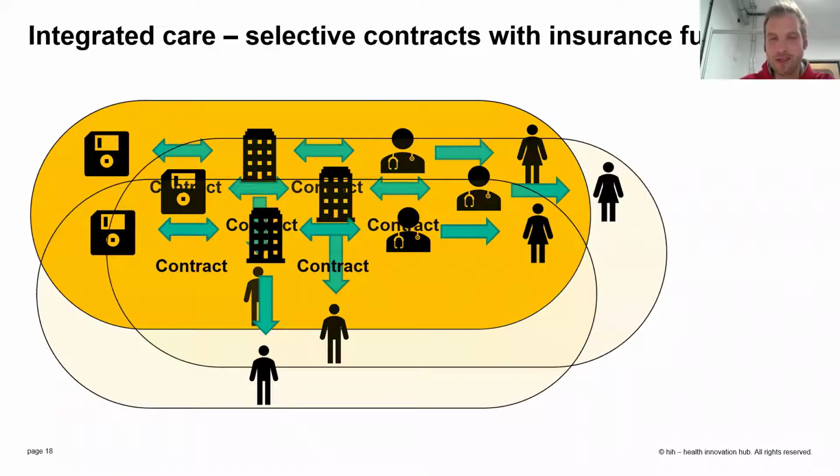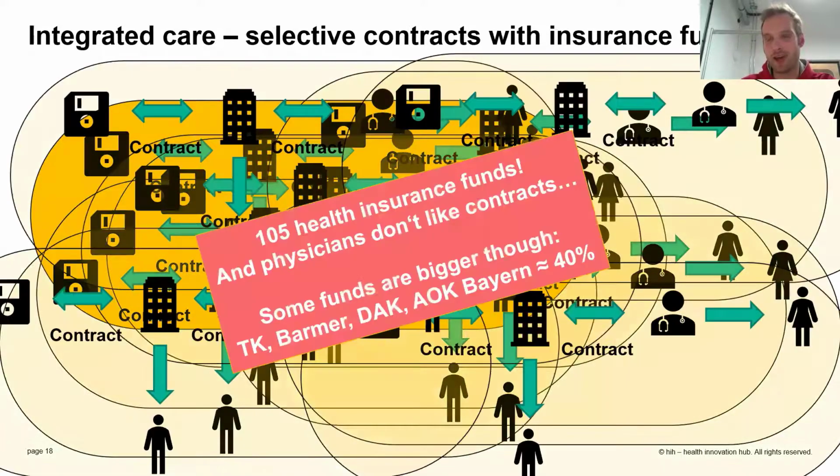The funny thing about this is you have to have contracts with everyone. At the end, you remember at the very beginning, I showed you the figures of the German healthcare system. We have 105 health insurance funds. So if you want to cover the whole statutory health insurance patients, you would have to have 105 health insurance funds that are willing to have a contract here about your device.